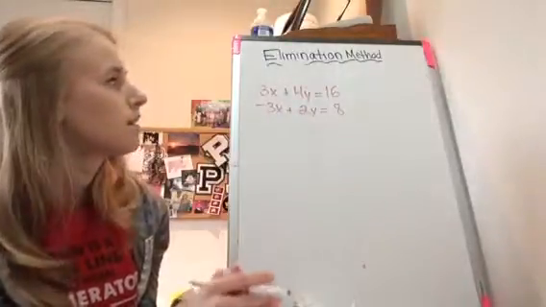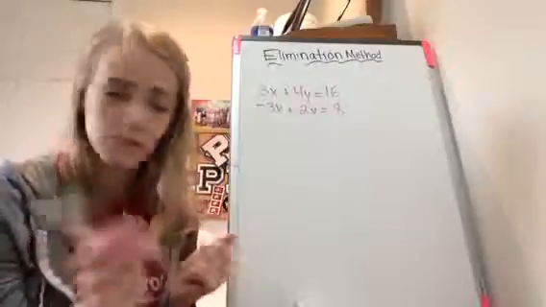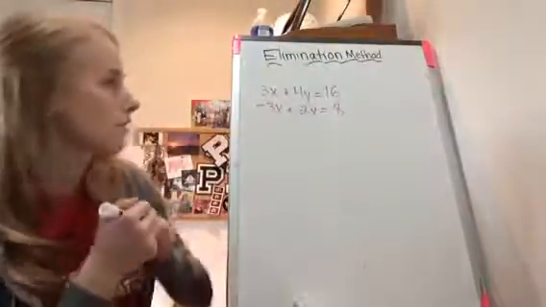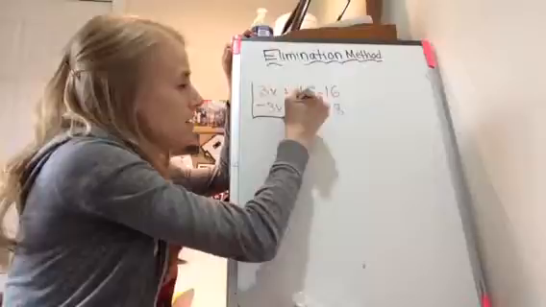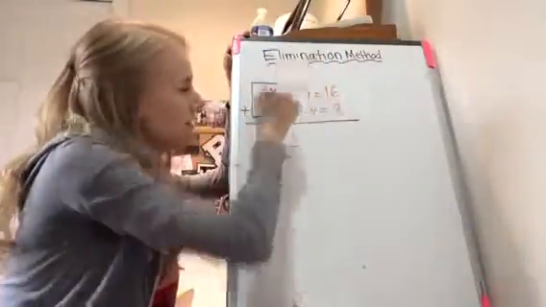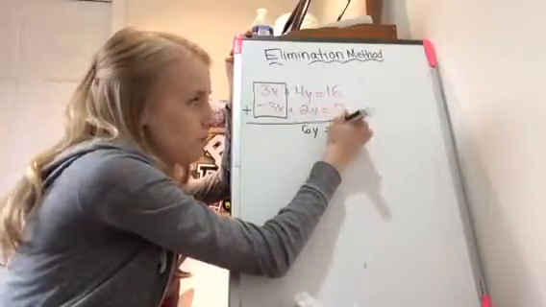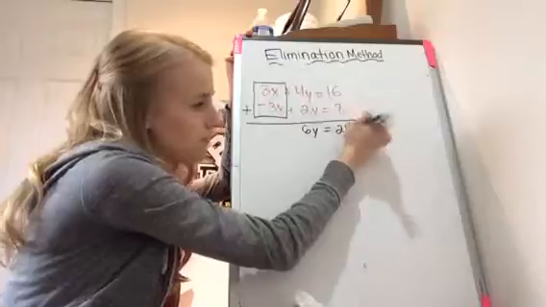All right, so what was the variable we wanted to eliminate first, hence the elimination method? Good, it was 3x because they're additive inverses, they're opposites. So when I add these two equations together, they cancel out and I get 6y equals 24.